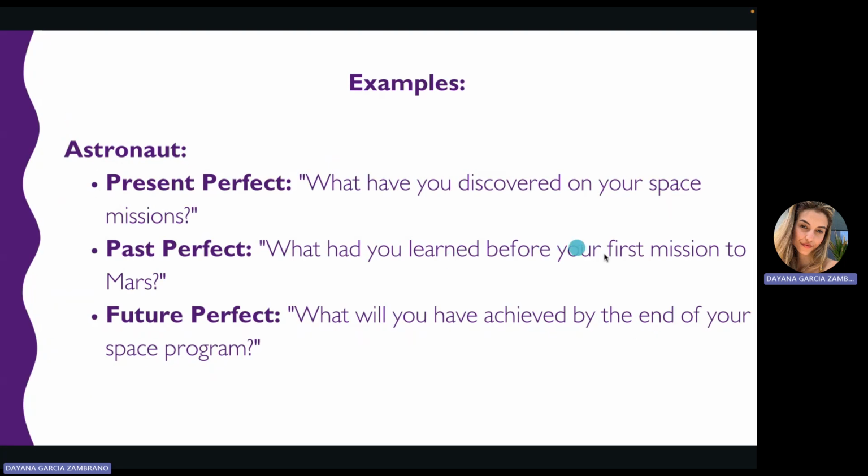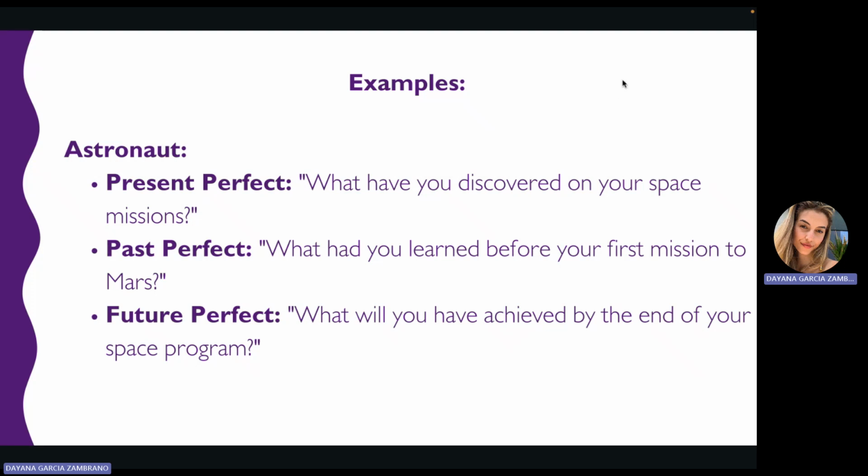What they need to do is ask their classmate questions, and these questions need to use present perfect, past perfect, and future perfect.